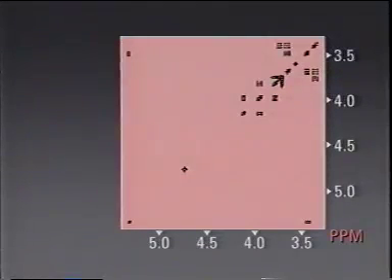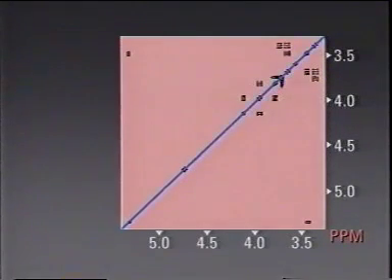In this particular pulse sequence, protons that are coupled are readily determined via a contour plot. There are two identical chemical shift axes, and signal intensities are shown as contour lines. Here, the conventional spectrum of sucrose is represented as a contour plot on the diagonal line.